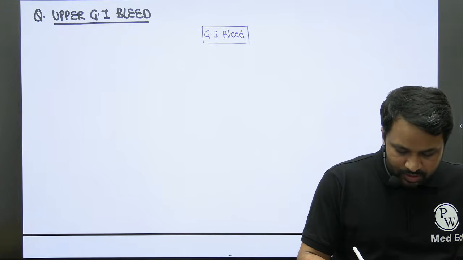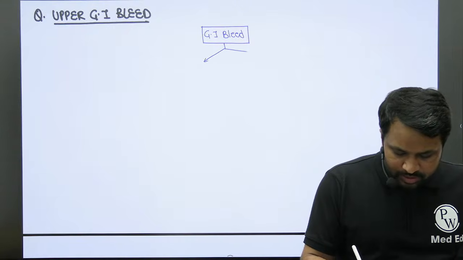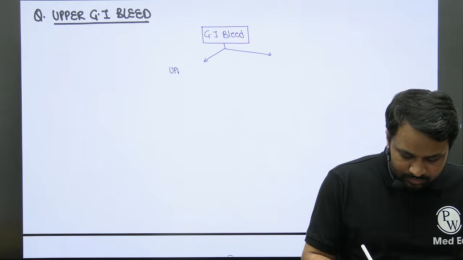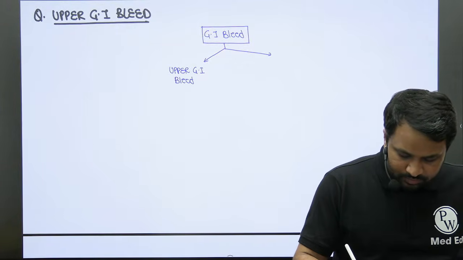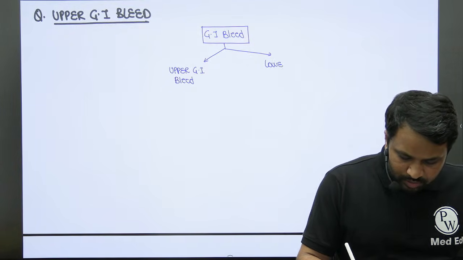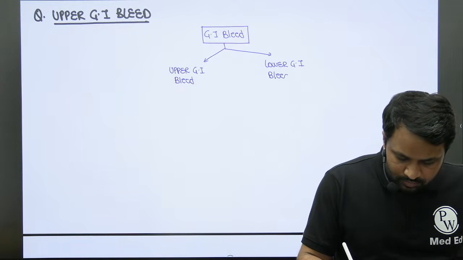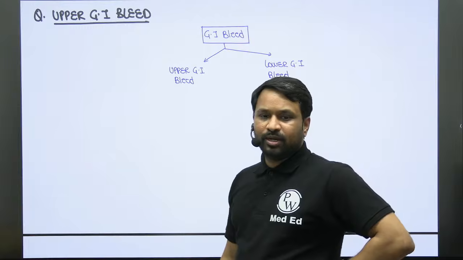So they're classified into two components. We have the upper GI bleed and then you have the lower GI bleed.